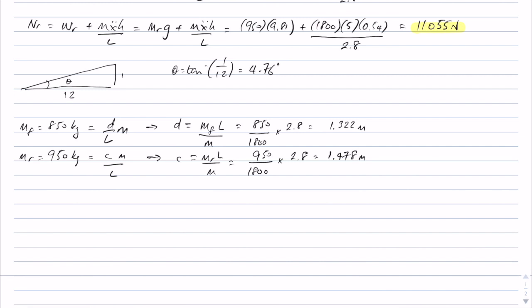Clearly the alternative way of working out what C is, is to take the wheelbase and subtract D from it, and it's the same thing. So just to add it together, they're the wheelbase lengths.